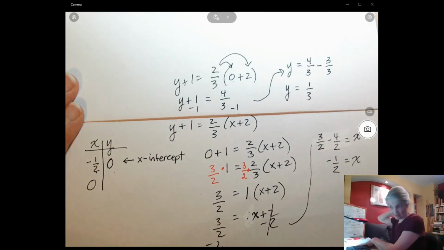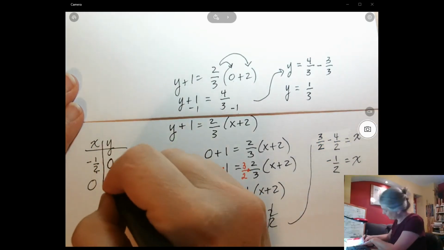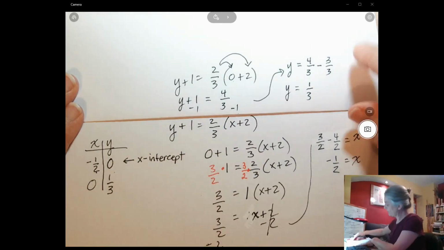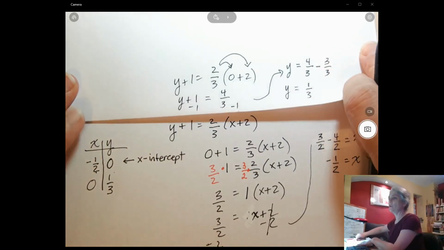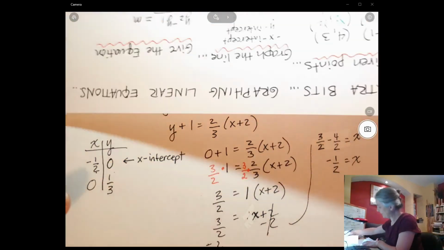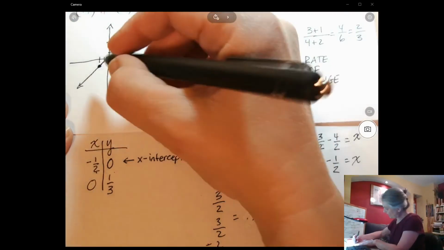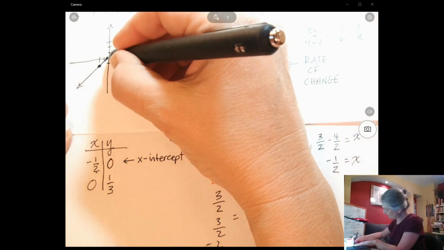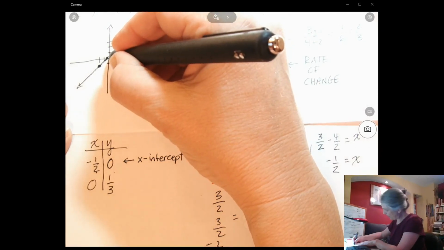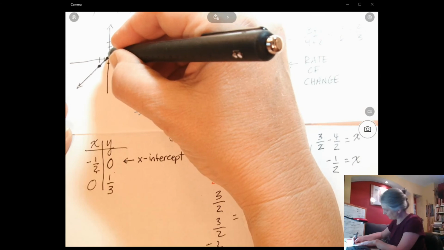So when x is 0, y is equal to 1/3. All right, so we're going to go back to our graph, which is right here. And when x is 0, y is 1/3. It's right up here.